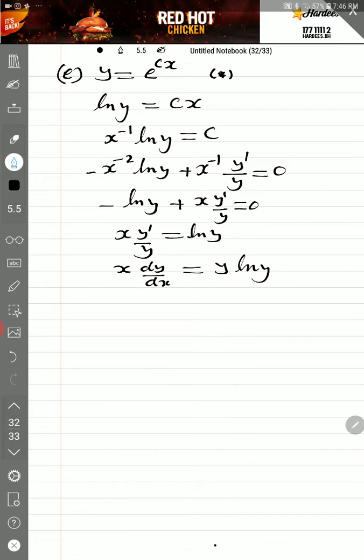To find the orthogonal, you need to find the other slope. Of course, first, before we find the other slope, find dy by dx from this equation.